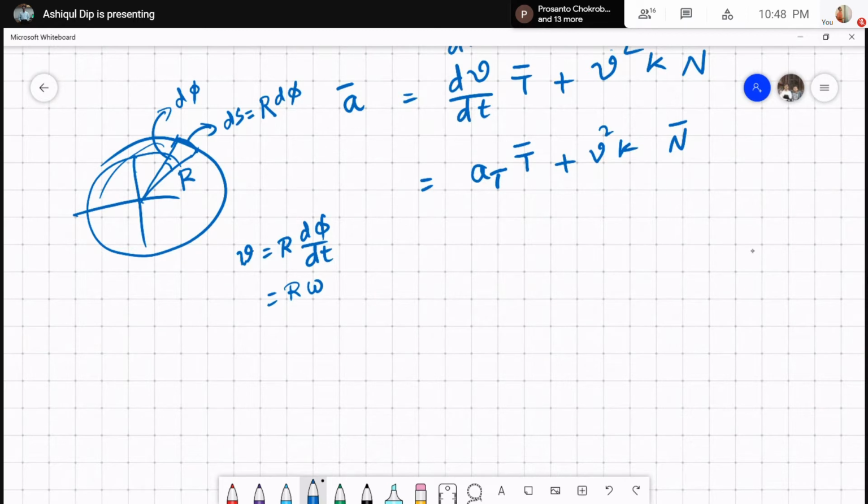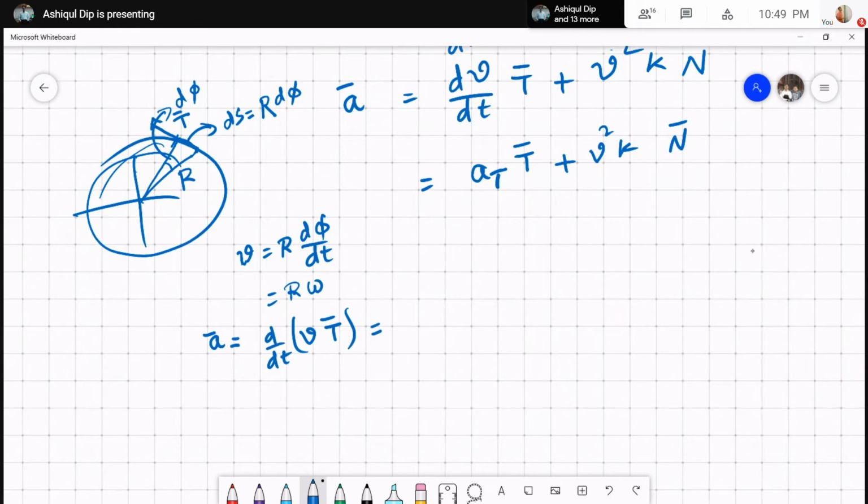Then what's the acceleration? This thing lies along the t direction, right? So acceleration A would be d/dt of v t. That v is not changing because omega is a fixed quantity and r is a fixed quantity. By our definition, it's moving on a circle. So this thing is not changing. The only changing thing is the t vector.